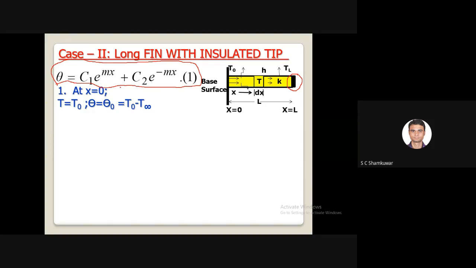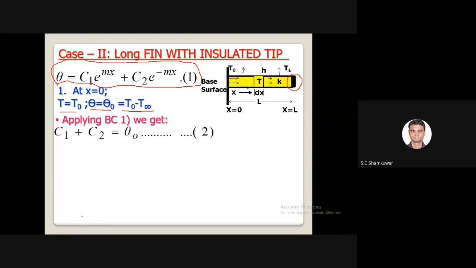Now, what will be the boundary conditions? First boundary condition: at x equal to 0, at the base surface, T is equal to T naught, and theta is equal to theta naught, that is T naught minus T infinity. The first boundary condition will be the same, and if you apply it, you will get the same equation: C1 plus C2 is equal to theta naught.